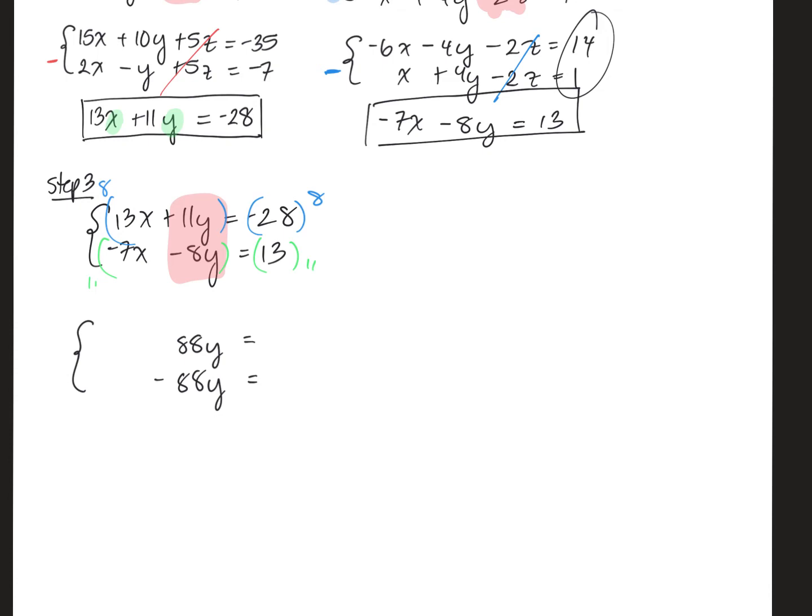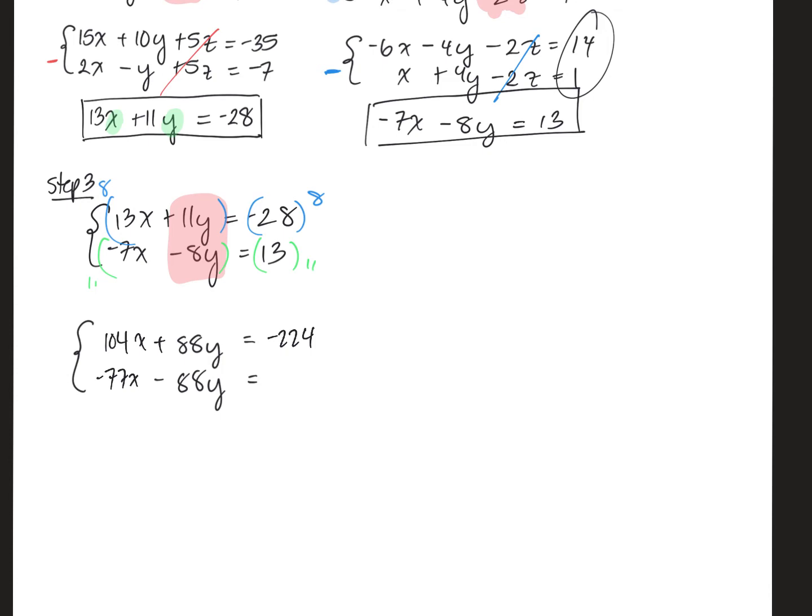Okay, there we go. 104x plus 88y equals, and then -28 times 8 is -224. And then 7 times 11 is -77x, -88y, and 13 times 11, I used to have that memorized, 143.